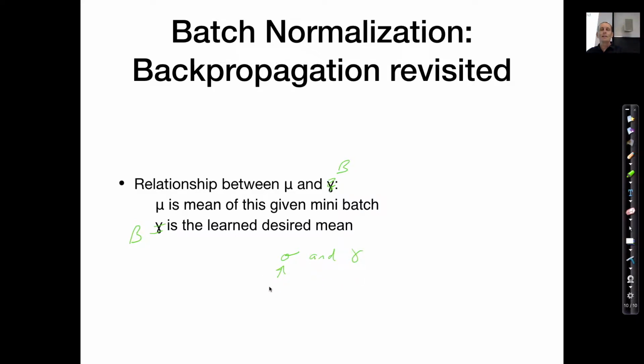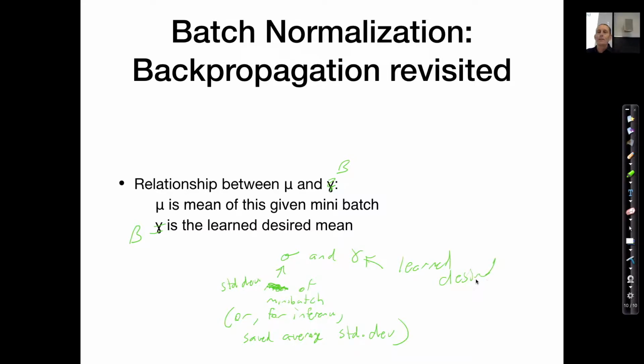This is the mean of the mini batch, or if we're doing inference, this is the saved average. And this is the standard deviation, and this is the learned desired standard deviation.